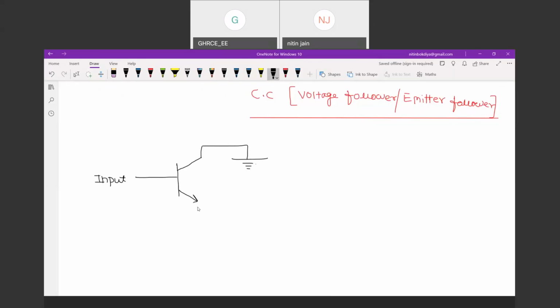So this is taken across RE या आप इसको RL ले ले, and you are taking output across this, and this configuration is known as common collector configuration.